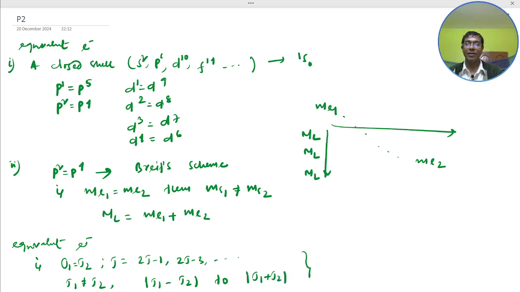The J values are lying in between this. And the third one is the spectral terms of equivalent electrons.